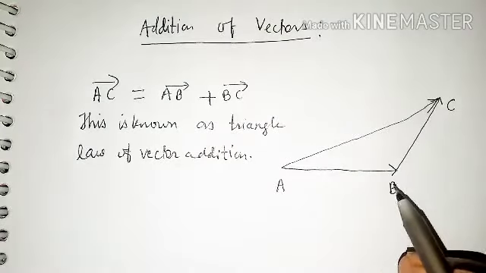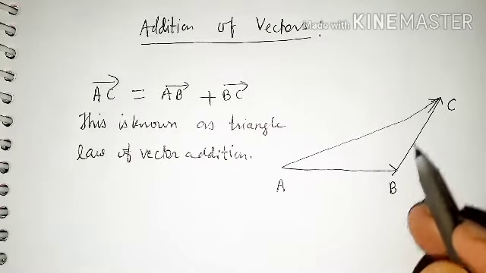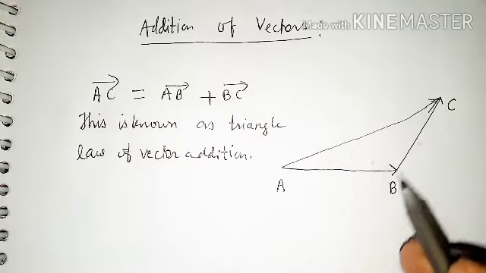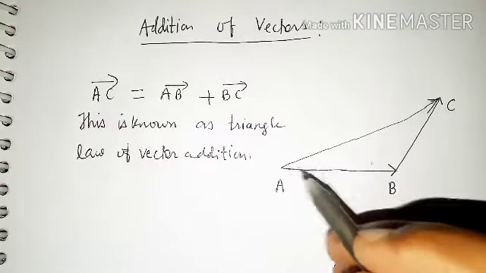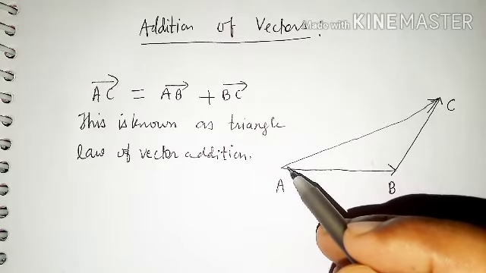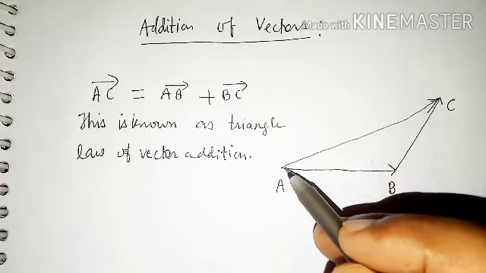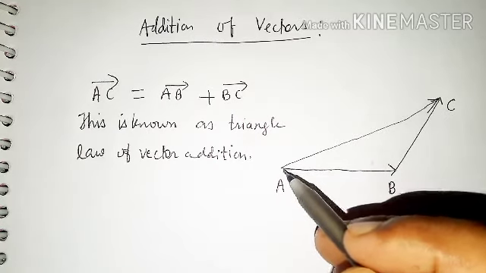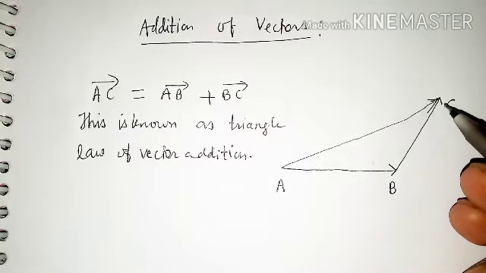Here we combine head to tail, then we have net, that is the resultant vector from the tail of first vector to the head of second vector.